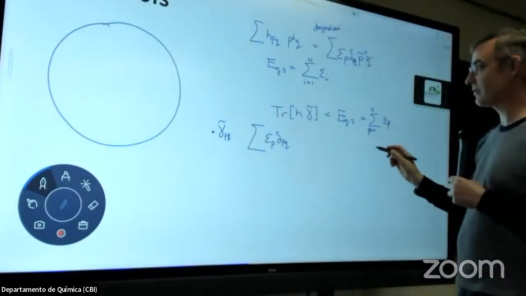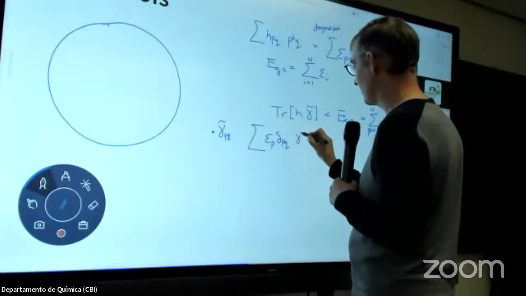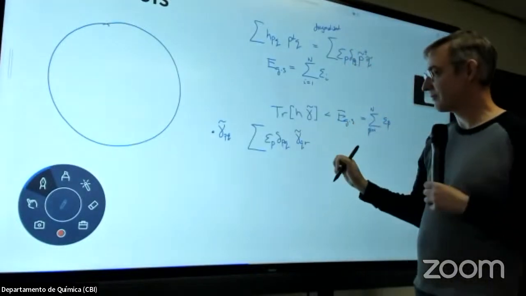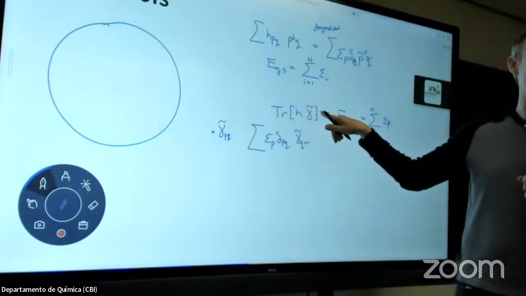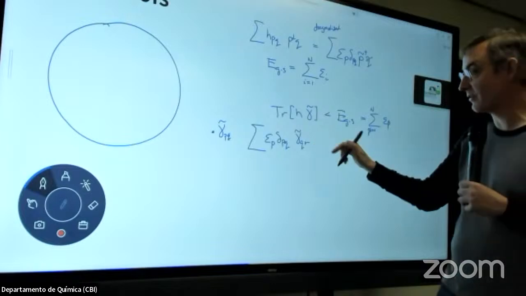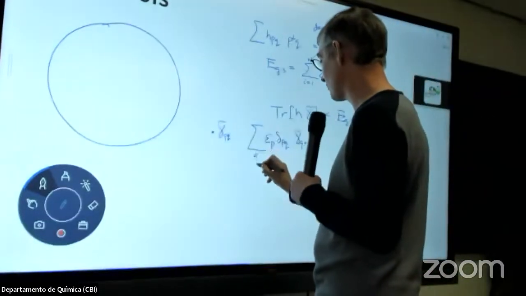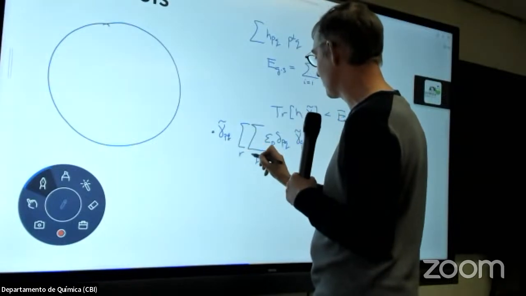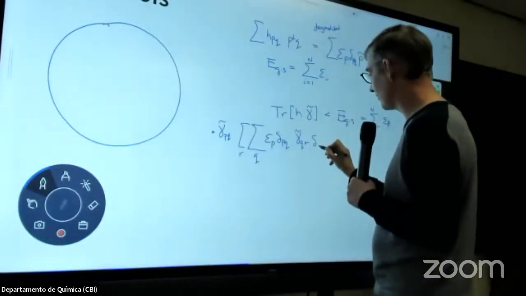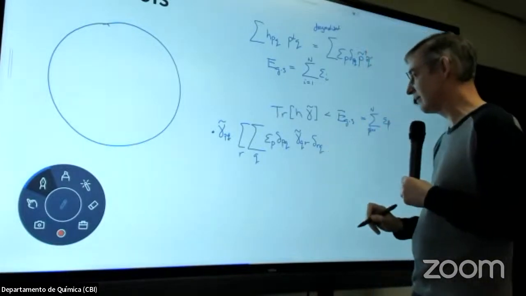My density matrix now has some elements, gamma tilde of QR. Okay, that would just be taking the matrix multiplication. But now I have to go back and take the sum of the diagonal. So this is the matrix multiplication, and then I have to take the sum over the diagonal. And that's just summing over R, delta RQ.